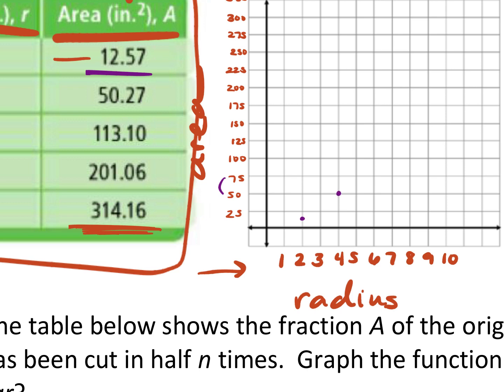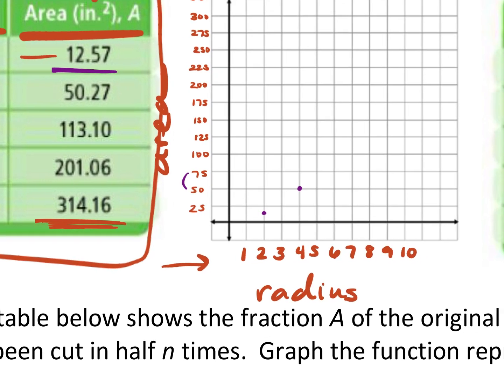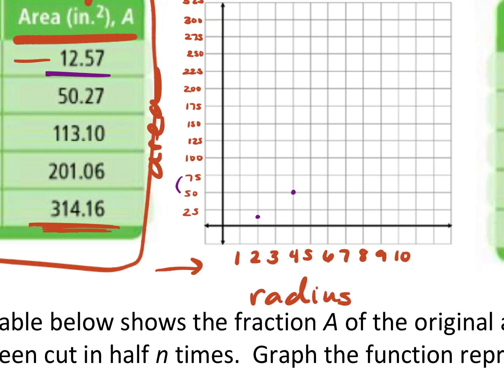Okay, then your next one is 6, 113. So over to 6, up to 113. 113 is about halfway between 100 and 125. So that's going to go there. Then it's 8, and then 201 is pretty darn close to 200. So 8, 200-ish, maybe just slightly above the 200.